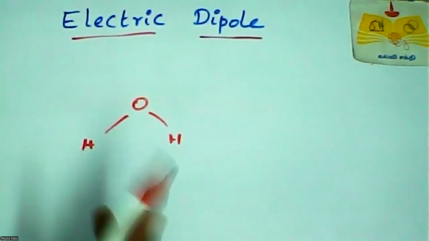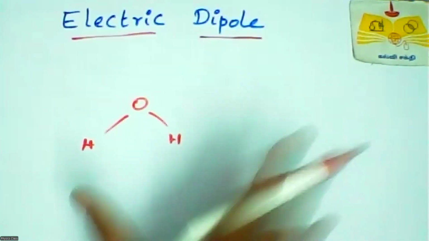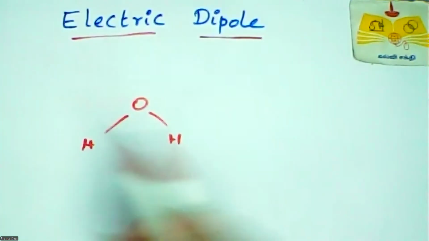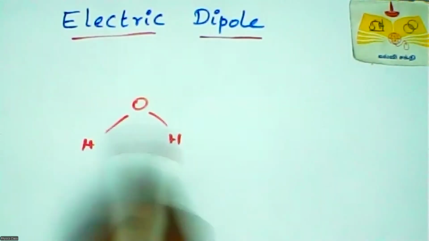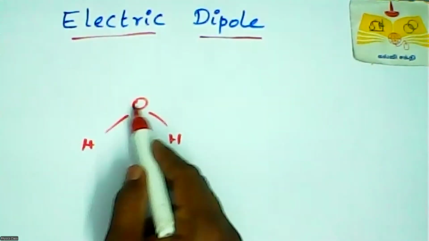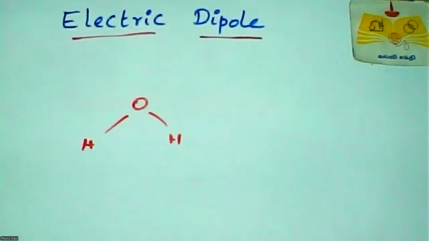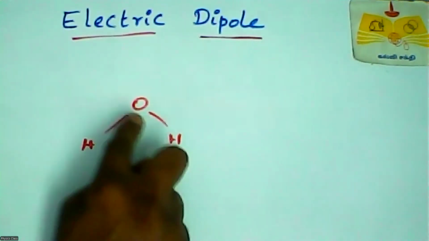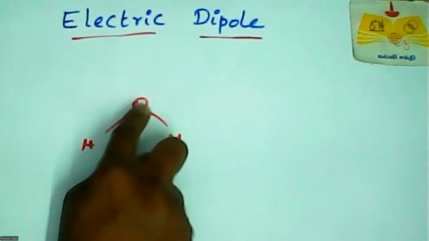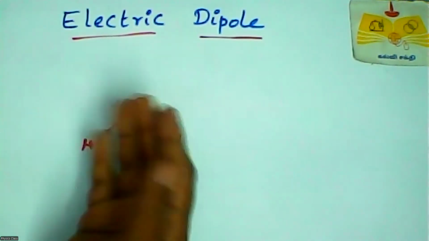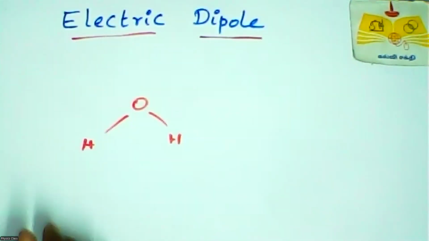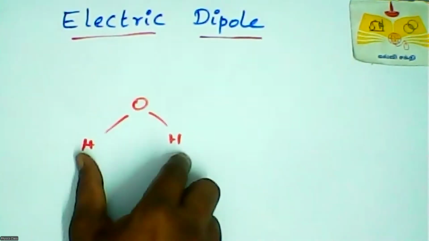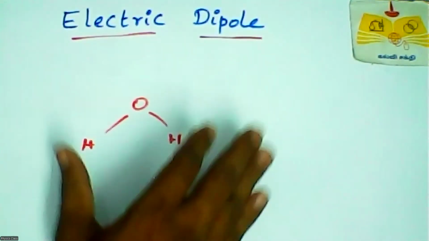So this makes the oxygen side of the molecule slightly negative and the hydrogen side slightly positive.